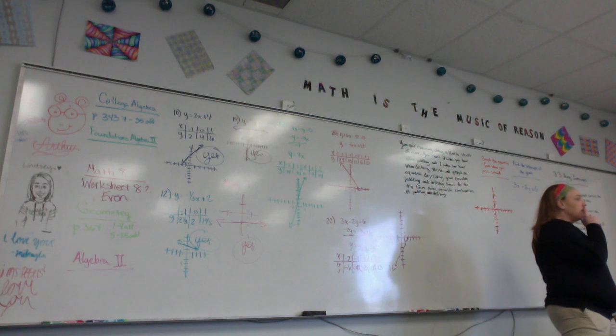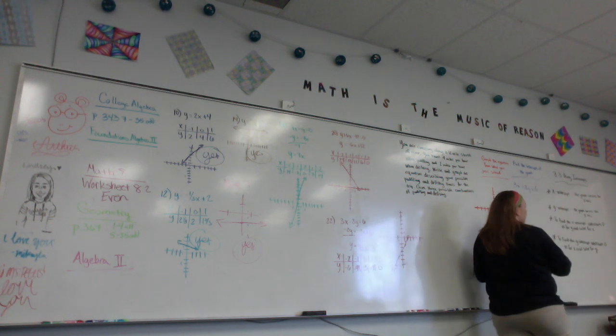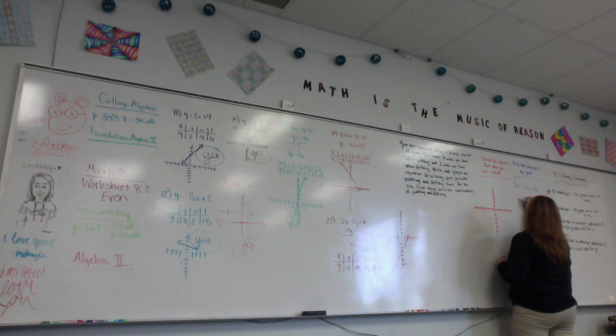Okay, Carter, what do I need to do? I'm just going to go with the x. Okay, so we want to solve for the x-intercept first. So you substitute the 0 into the negative 2y. So I'm going to say 3x minus 2 times 0 equals 6.